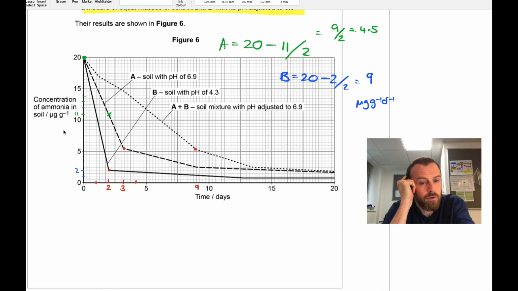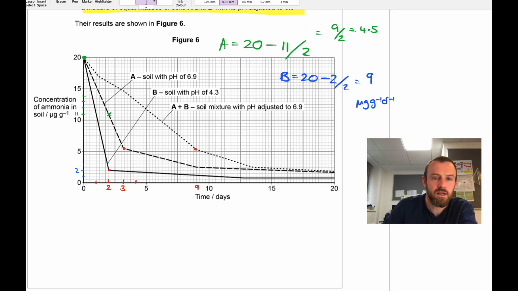So you might think that if you had a mixture of soil A and B with a pH adjusted to 6.9, well, I suppose you'd only have 50% of the soil B bacteria in that mixture. And those ones are kind of working.